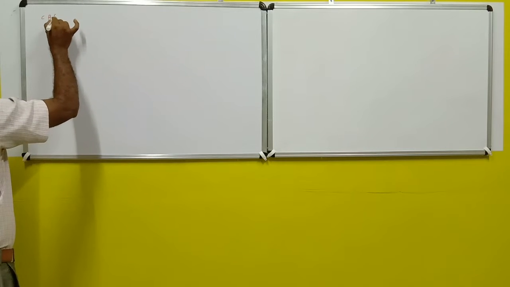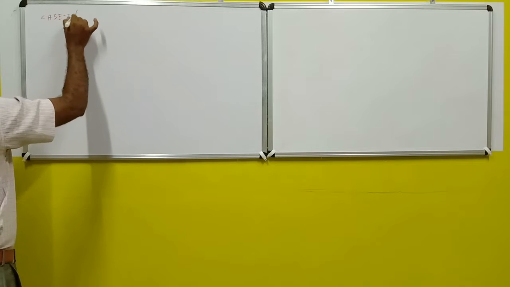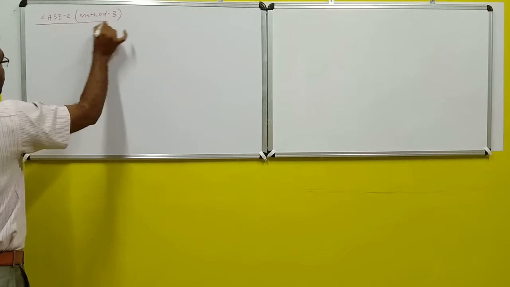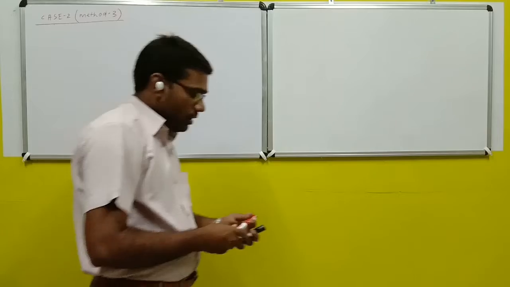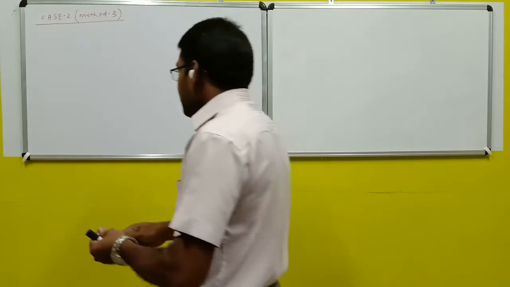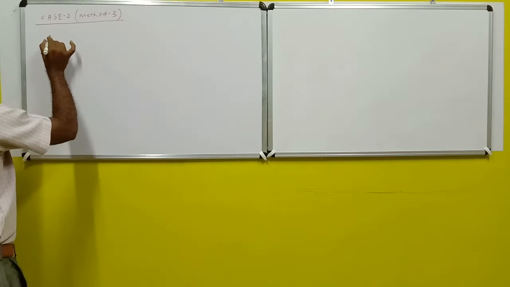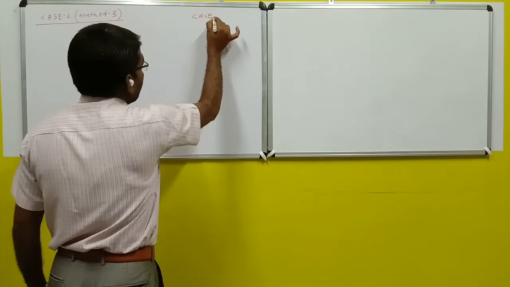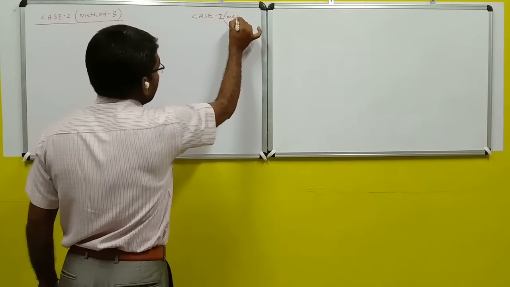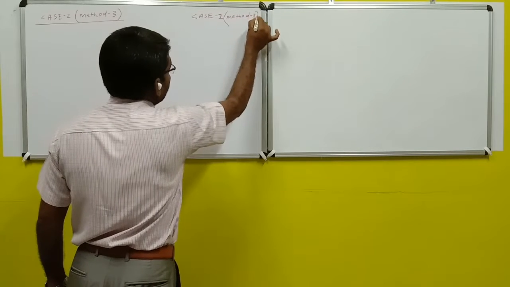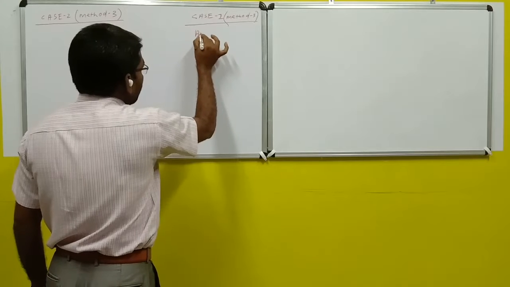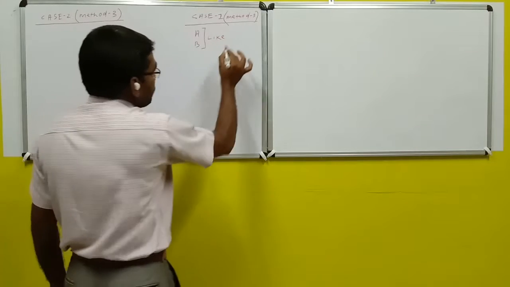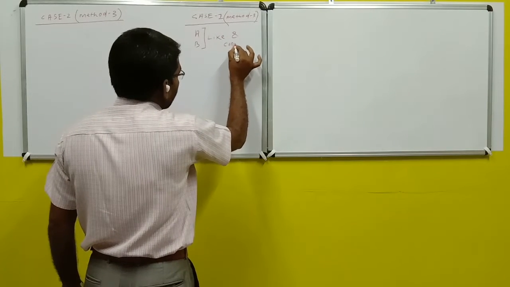Case 2 of method 3. Students, I have already told you that in case 1 of method 3, your given rational numbers a and b were like and also consecutive.